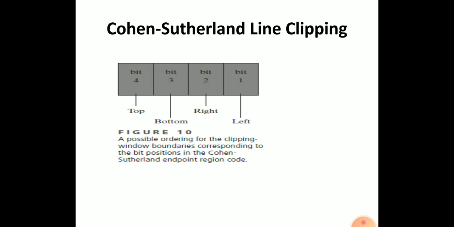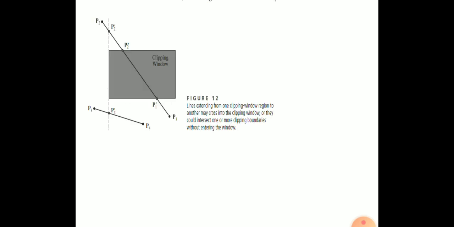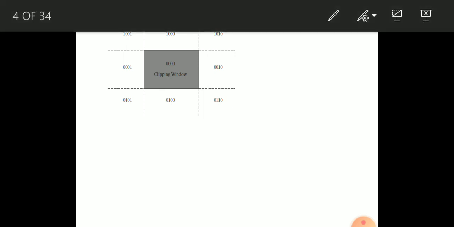So for more clarity, let us look at the region codes of the regions that are beside the clipping window. You can see the region code for this particular region is 1001.